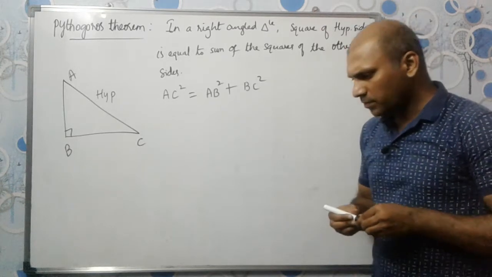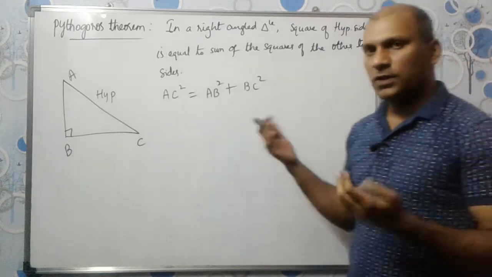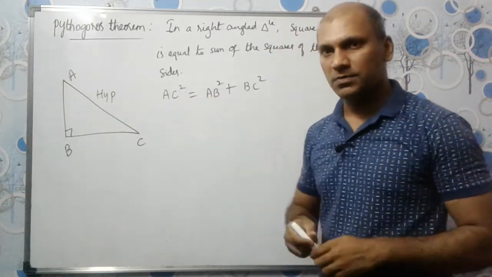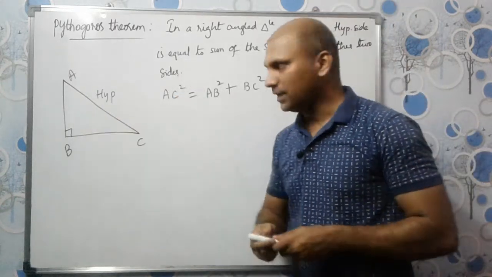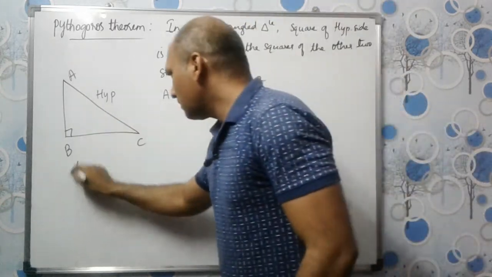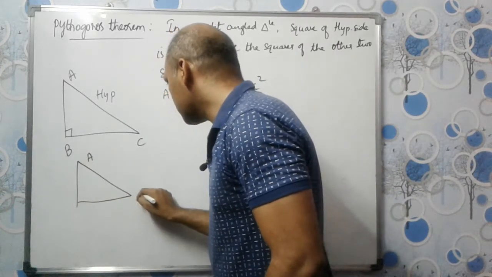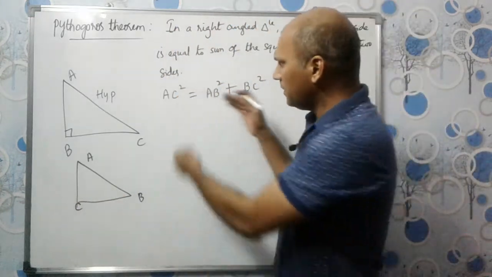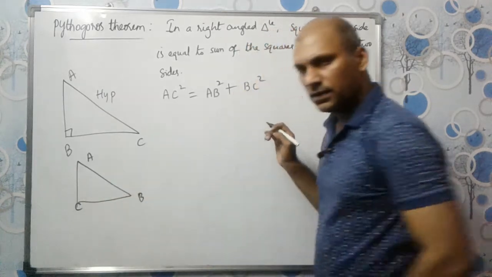Now, I have observed many students, if somebody asks them what is Pythagoras theorem, they'll quickly say it is AC square is equal to AB square plus BC square, which is wrong. It is true only for this triangle, right? Now, for example, if I change this A, B and if this is C, is AC square equal to AB square plus BC square for this triangle?